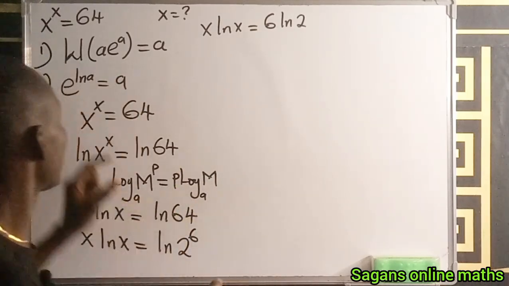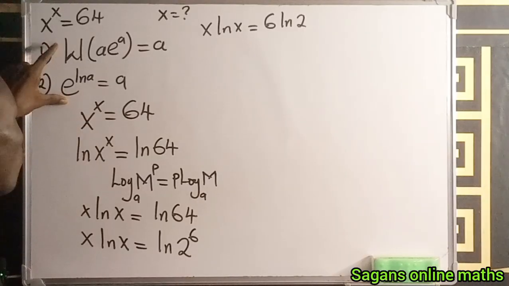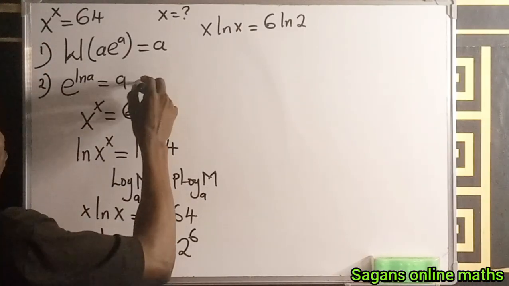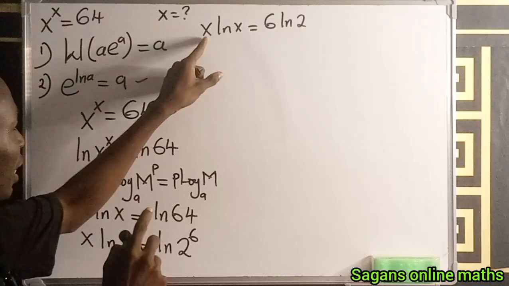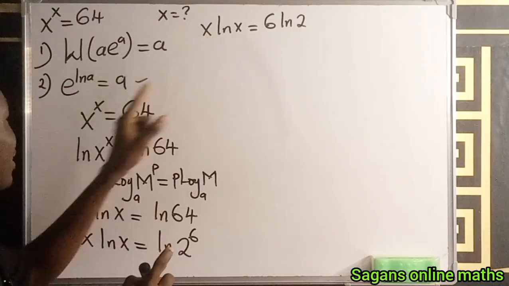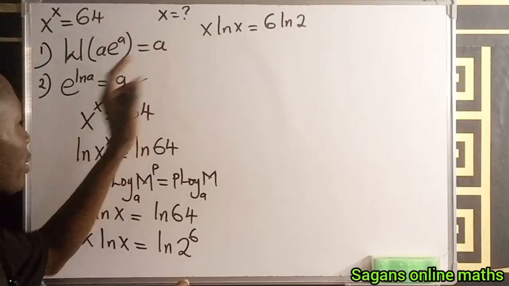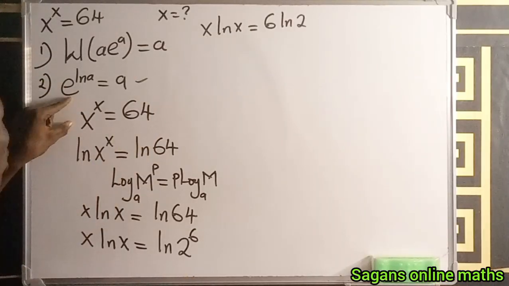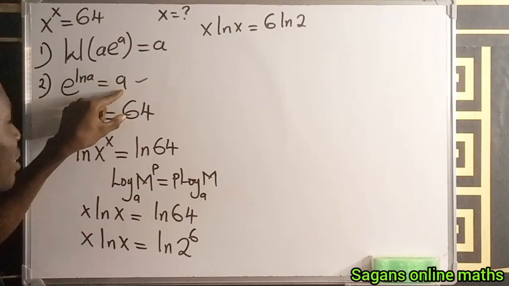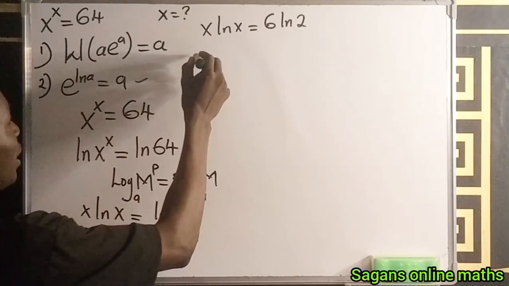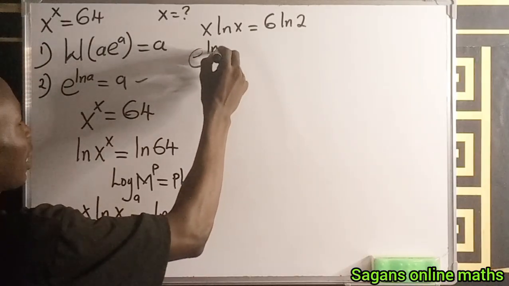That is why I put down these two functions. So first function, let's apply this first. In place of this x, we can rewrite this x as e to the power of ln x to represent x, since by the properties of this function, e to the power of ln a is equal to a. It means that here I can also write e to the power of ln x.